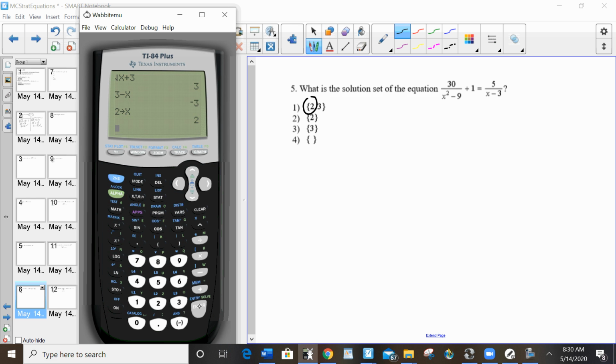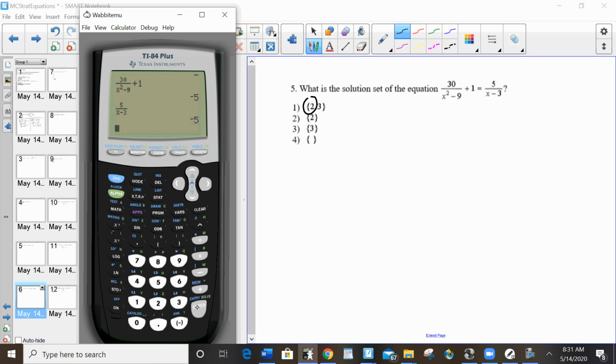I'm going to type in the left-hand side, 30 over x squared minus 9 plus 1. My right-hand side, 5 over x minus 3. I got negative 5 and negative 5.